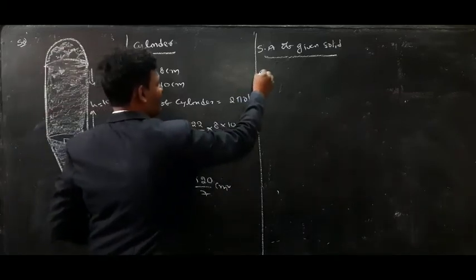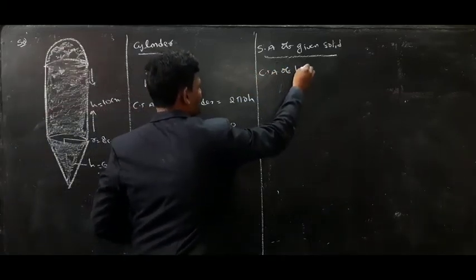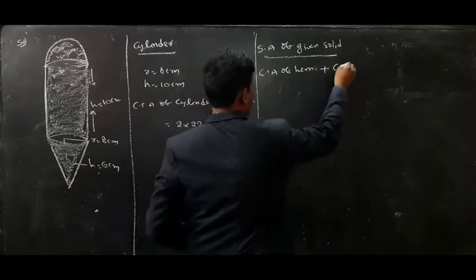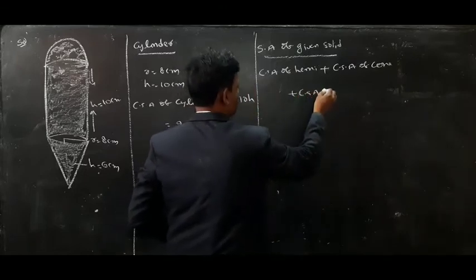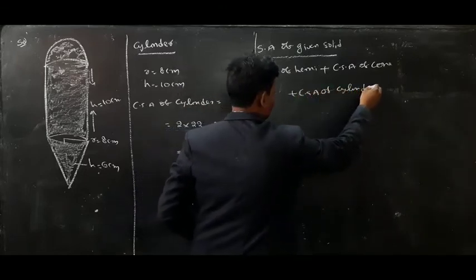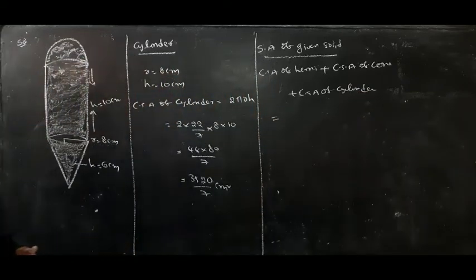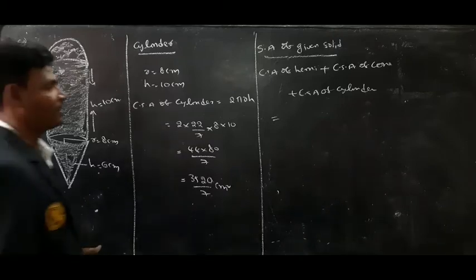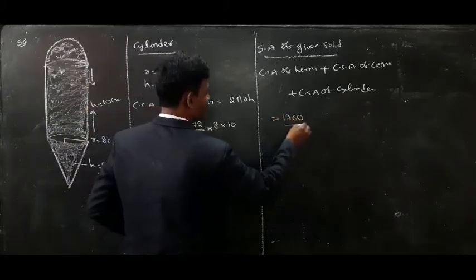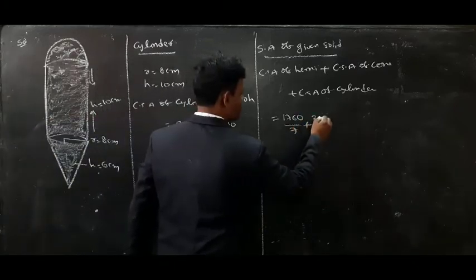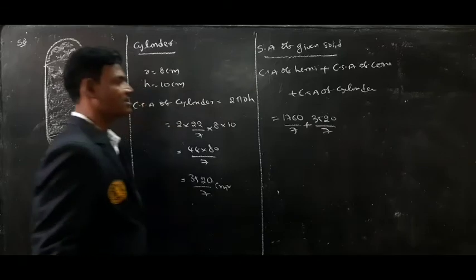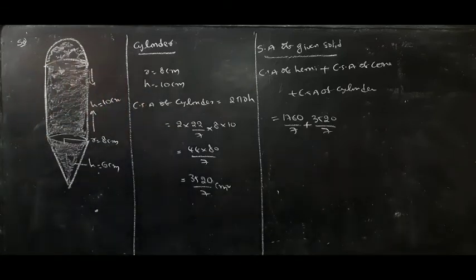So it is nothing but the curved surface area of the hemisphere plus the curved surface area of the cone plus the curved surface area of the cylinder. Here, the curved surface area of the hemisphere is 1760 by 7, plus the curved surface area of the cylinder 3520 by 7. Next I need the curved surface area of the cone.